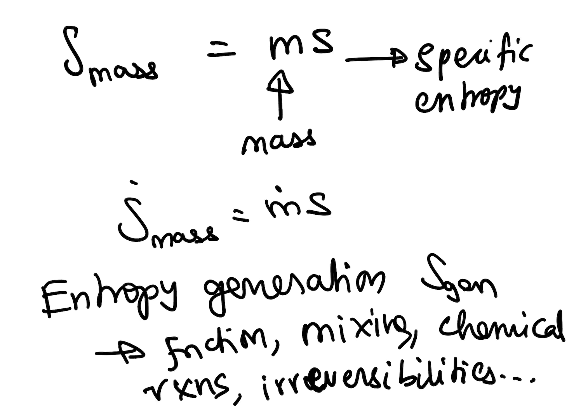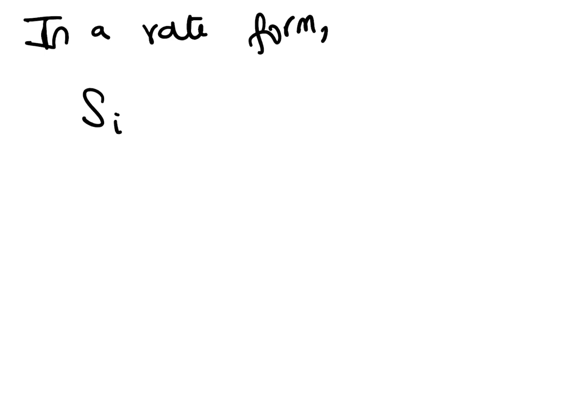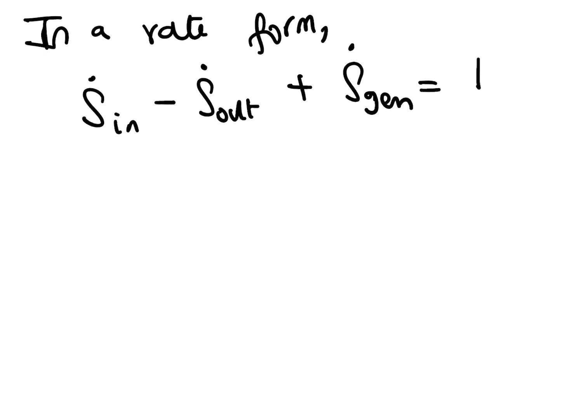So if we put all this together in a rate form for an open system, S in dot minus S out dot plus S gen dot equals dS system divided by dt.